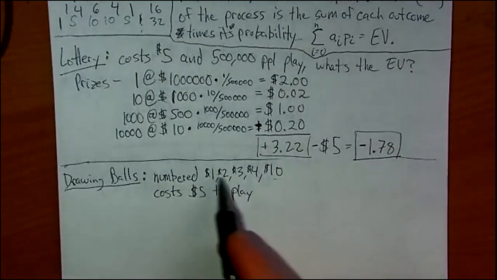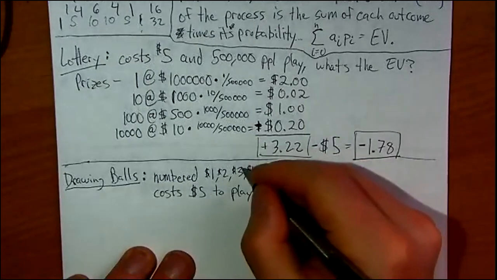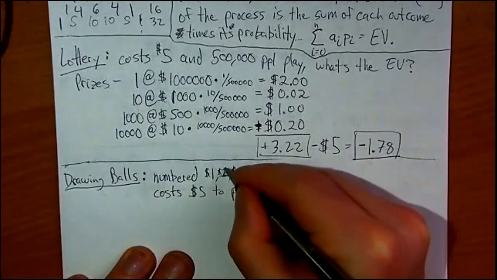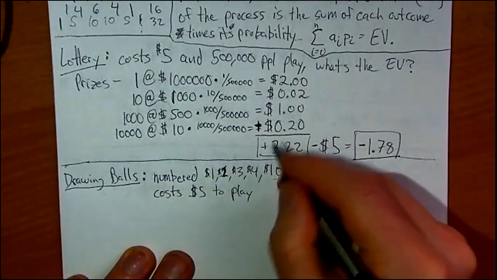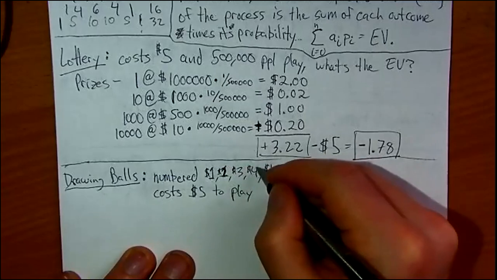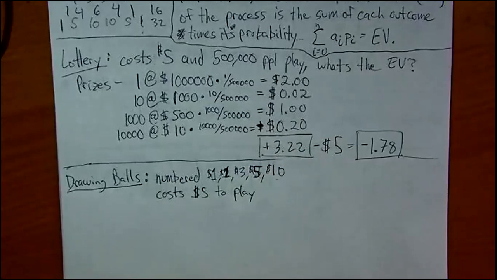Okay? And we'll say there's one of each kind of ball. Well, maybe I should make this more interesting. Let's say there's one, one, three, 5, and 10. Make the game a little bit more interesting.